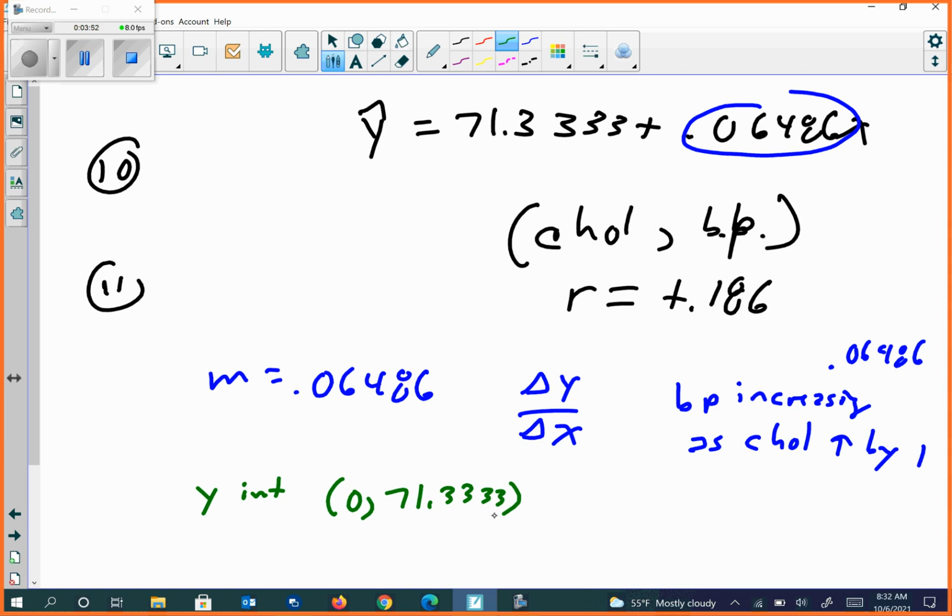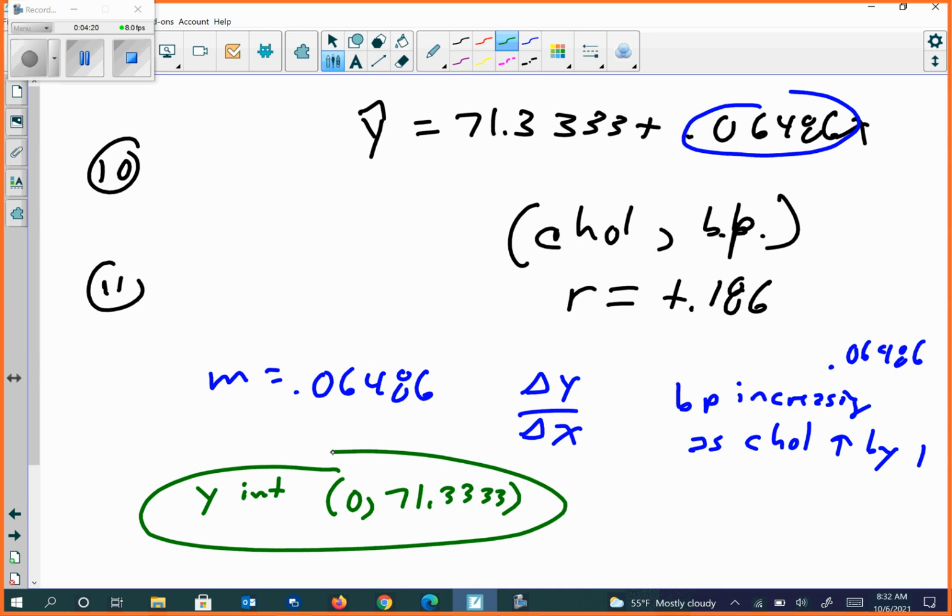So the 153 to 155 is the review for it, so that can help. So this is more than likely an extrapolation of our data. I doubt we could have cholesterol of 0, but if we did, our blood pressure would be 71.33333. But it's kind of a silly thing because we all have some sort of cholesterol.